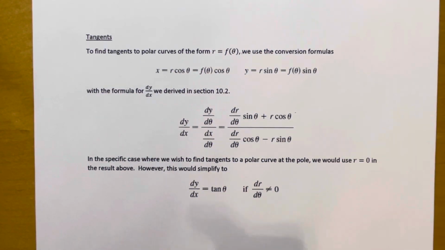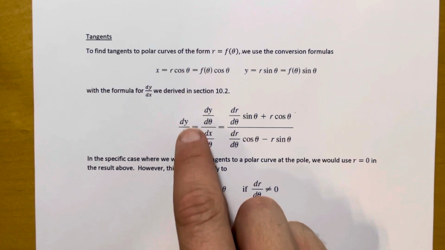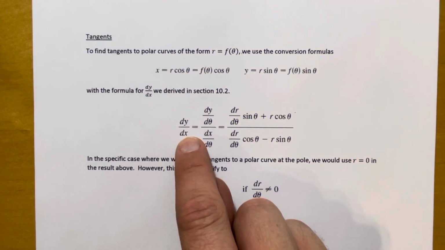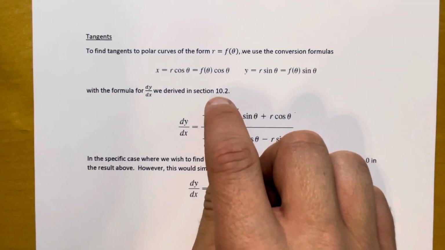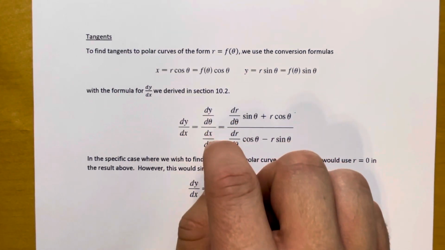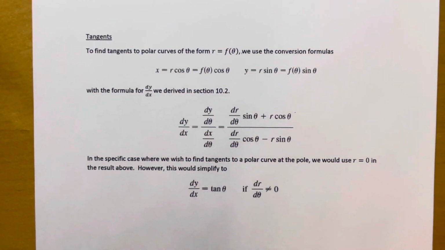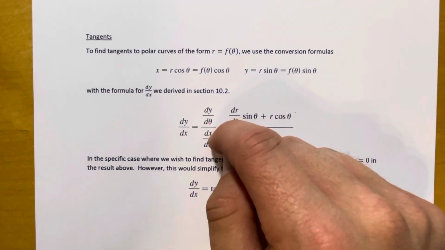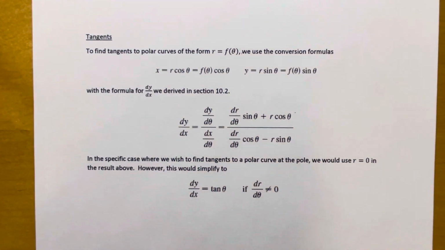When we dealt with tangents in 10.2, we discovered this: dy/dx, which gives me the slope of tangent lines, is equal to (dy/dθ) over (dx/dθ). Again, θ is my parameter here. Both dy/dθ and dx/dθ we found in the previous derivation over here.